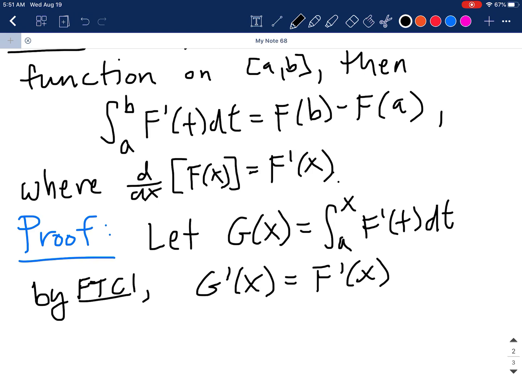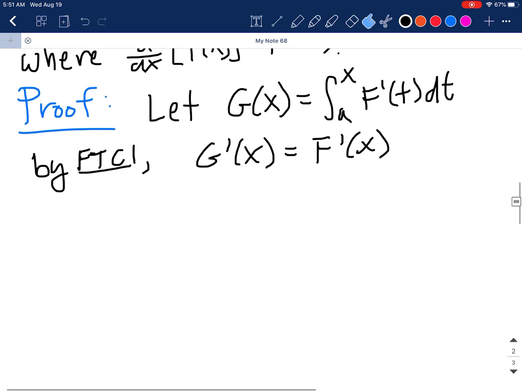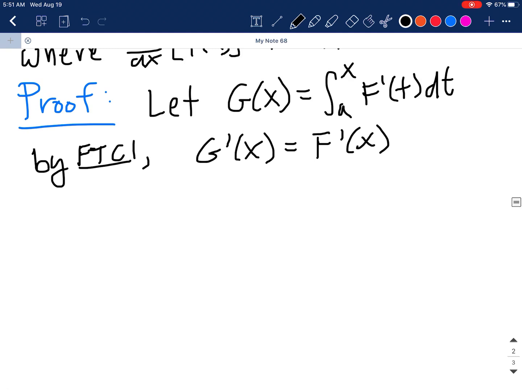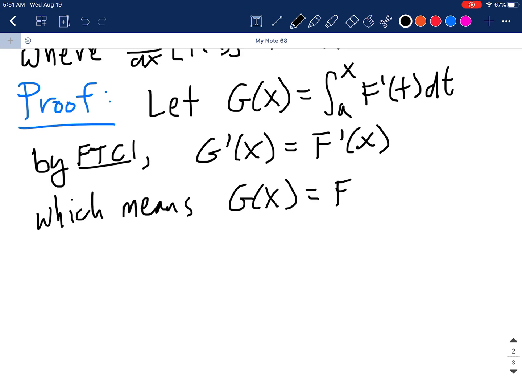Okay, so that's very useful, because now if we think about if I were to integrate both sides indefinitely, that means that g of x is equal to F of x, the antiderivative of F prime, plus c. Right? They differ by a constant because their slopes are the same for all x.